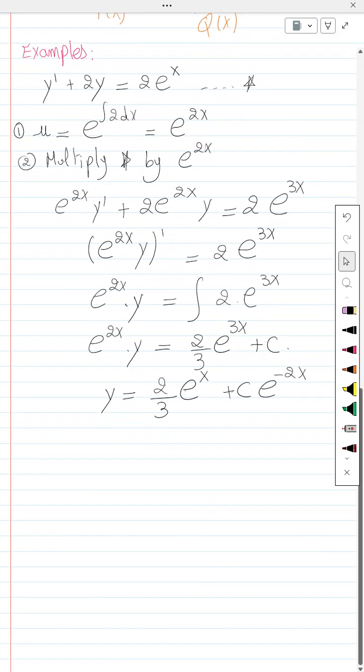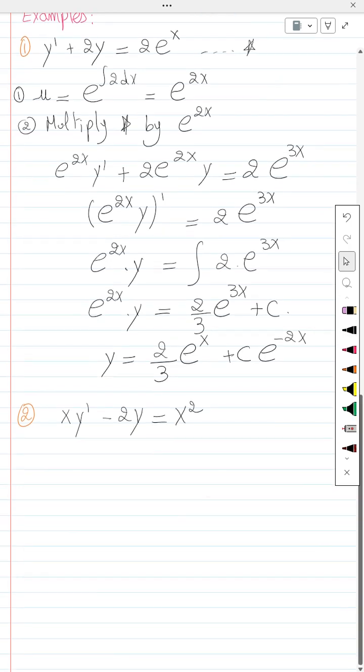Let's see another example. This is example number 1. Let's see example number 2. This time we have this equation, which is x y prime minus 2y is going to be equal to x squared.